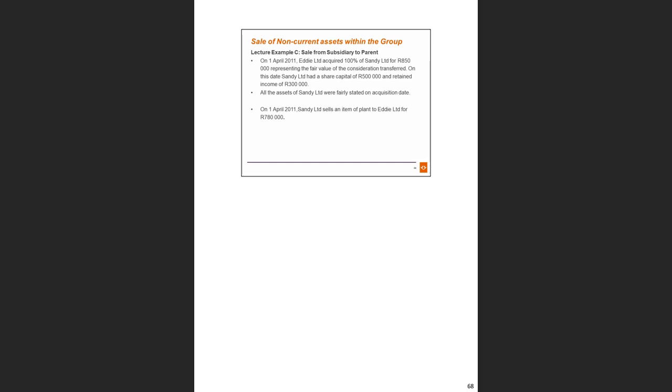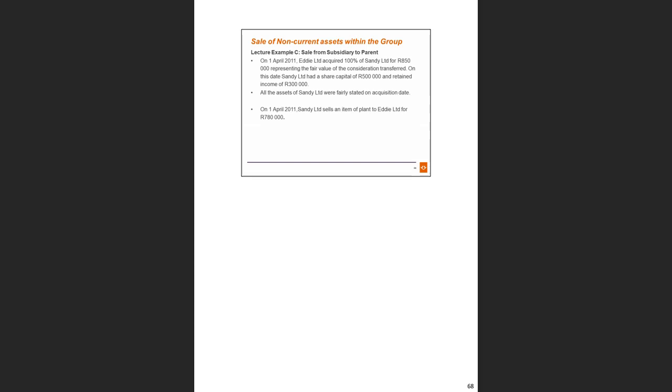On this date, Sandy had share capital of 500,000 Rand and retained income of 300,000 Rand. All the assets of Sandy Limited were fairly stated on acquisition date. On the 1st of April 2011, Sandy sells an item of plant to Eddie for 780,000 Rand.